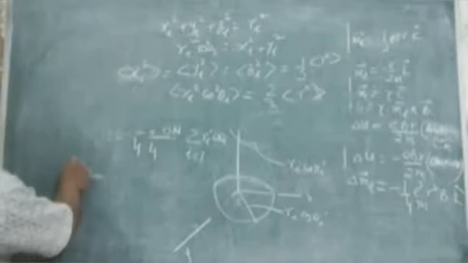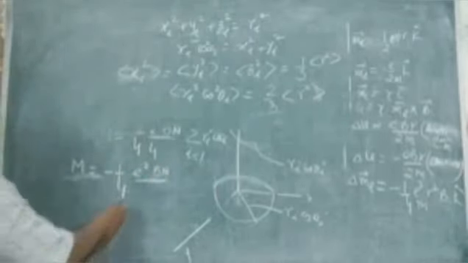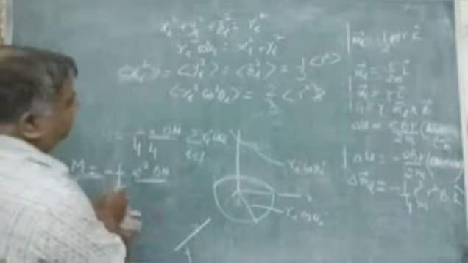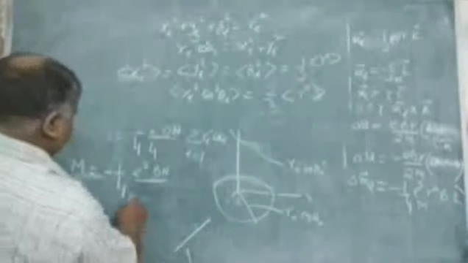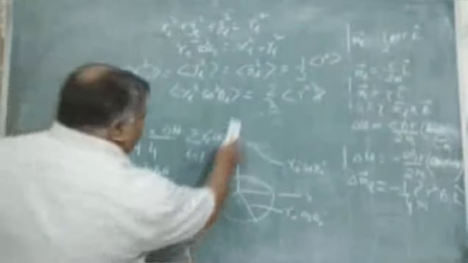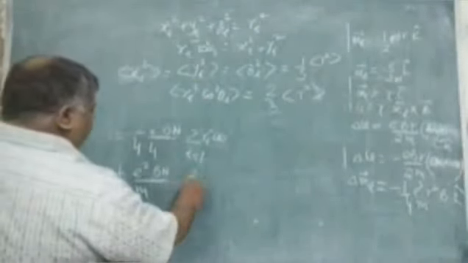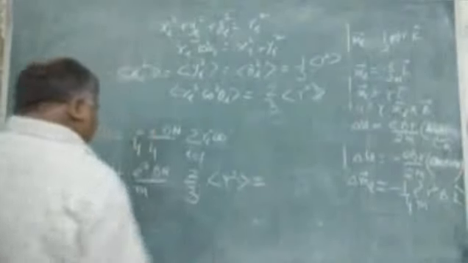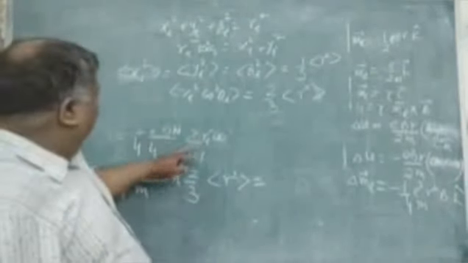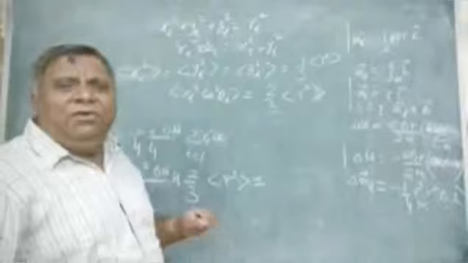So let us put this relation for the average value. We have M is equal to minus 1 upon 4 e square B n m, times 2 by 3, into n, because the summation is over n, so the summation is equal to the average value into n.